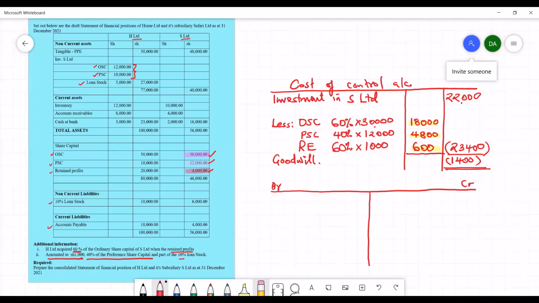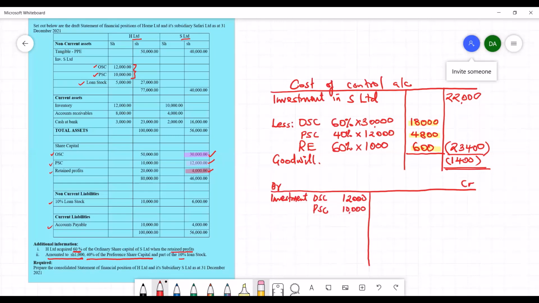On the debit side, we have the investment. This investment is in ordinary share capital, which is equal to 12,000. Preference share capital, which is equal to 10,000.